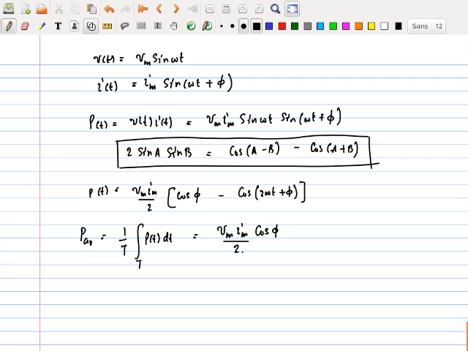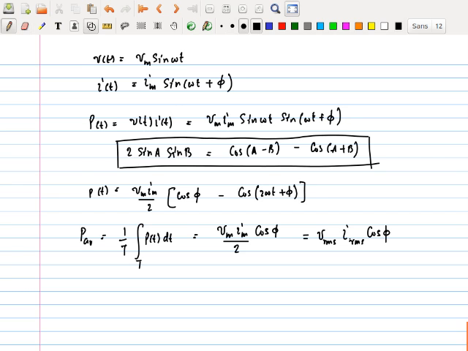In fact, I would call this VRMS times capital IRMS. You can write this as V simple or capital, I don't care. Cosine of phi.